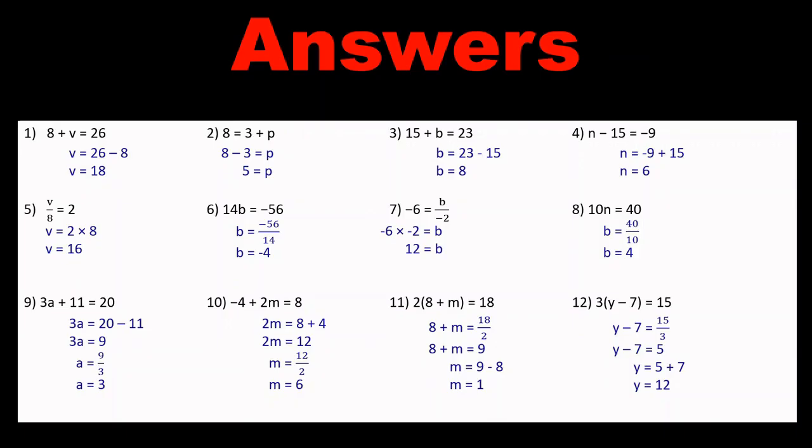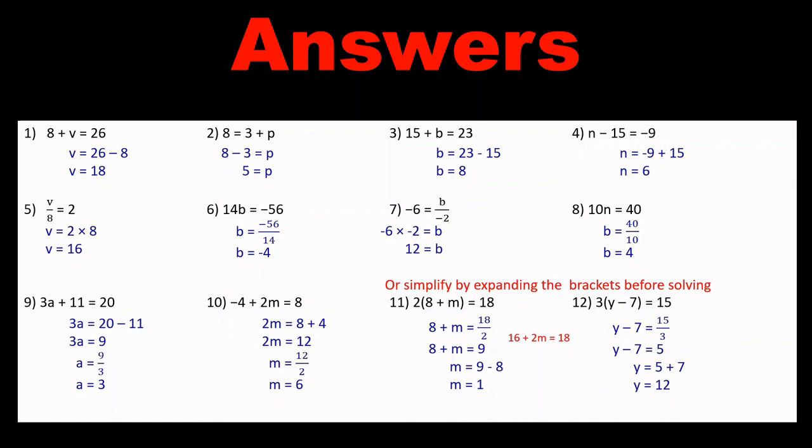There are other methods for dealing with brackets as well, however. We could always expand the brackets out before we solved. So for question 11, expanding that bracket out means multiplying the 2 not just by the 8, but by the 8 and then also by the m. So 2 times 8, 16, and 2 times m, 2m. That's equal to 18.